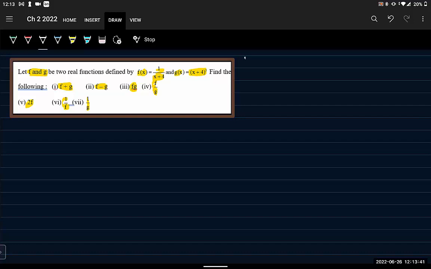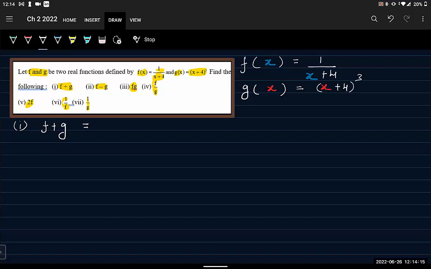So basically we are given two functions. f of x is nothing but 1 upon x plus 4 and g of x is nothing but (x plus 4) whole cube. Our first subpart, f plus g, the definition says f plus g is nothing but f of x plus g of x.